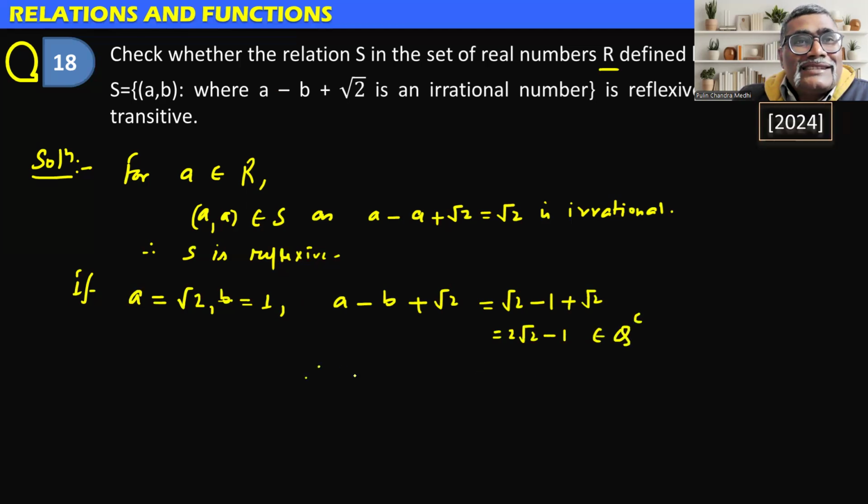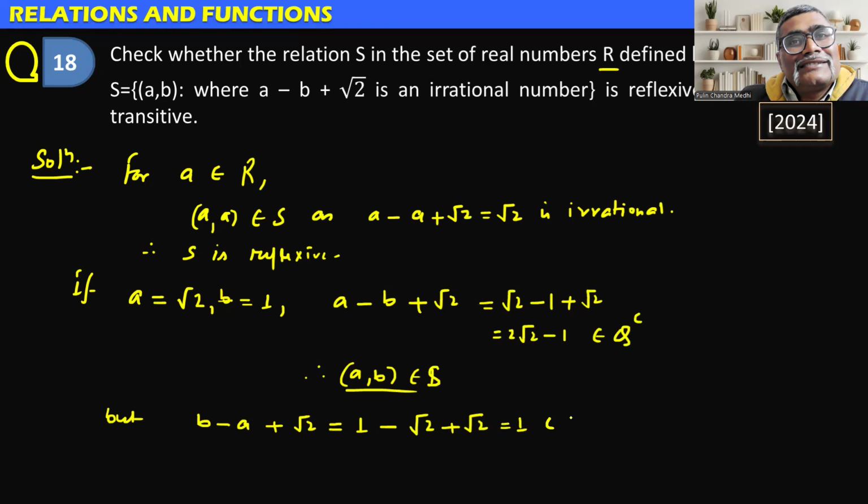So if this is irrational, by my definition, I can say that this is in the relation S. So it is okay, right? But if I need to talk about B comma A, I should write it like this. You now try to put the value. B is 1, A is root 2, so it will be like this.